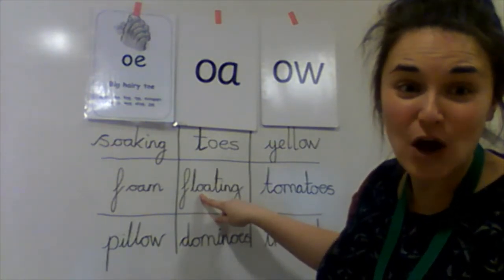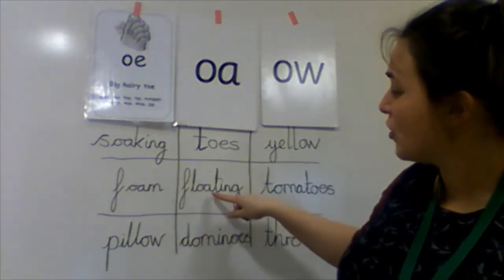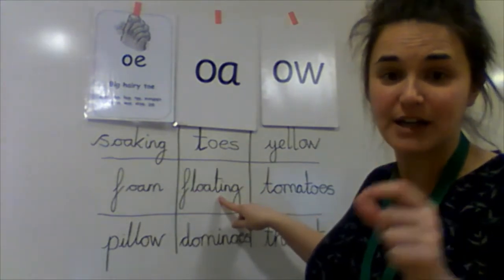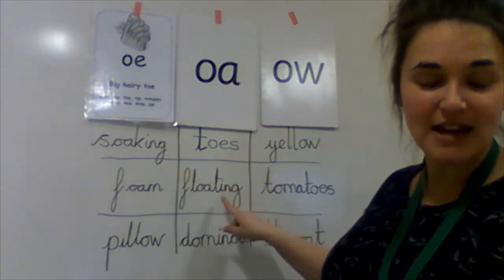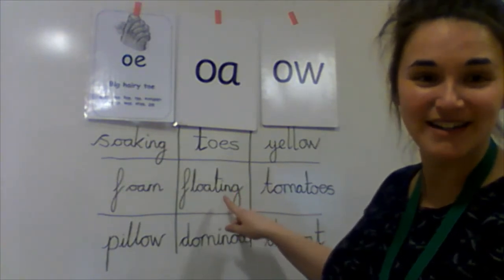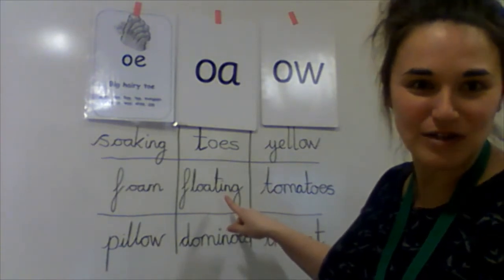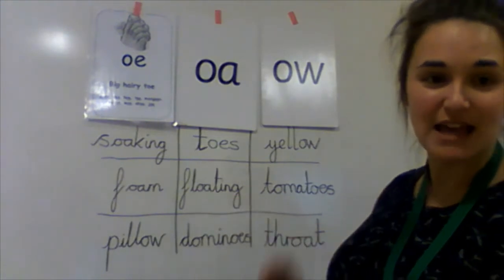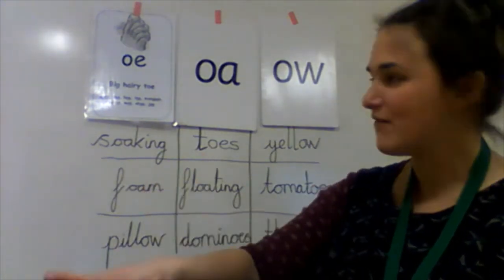Yeah, you're right, it's O, goat in a boat. Oat, float, that's the root part of the word, and then it's got a suffix on the end. Who is on the end of that word? Yeah, it's our three letters, ing, and we call them the cool dudes, don't we? Floating. I was floating along the river.